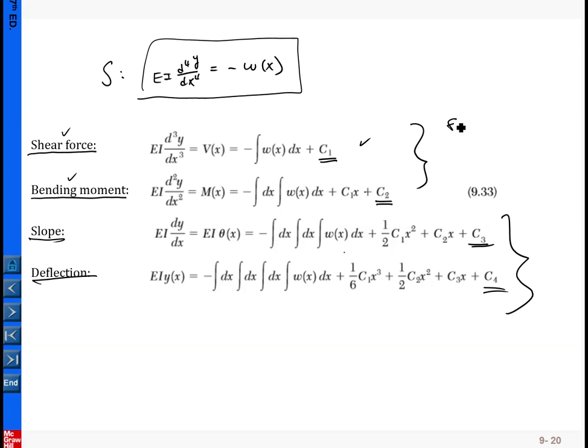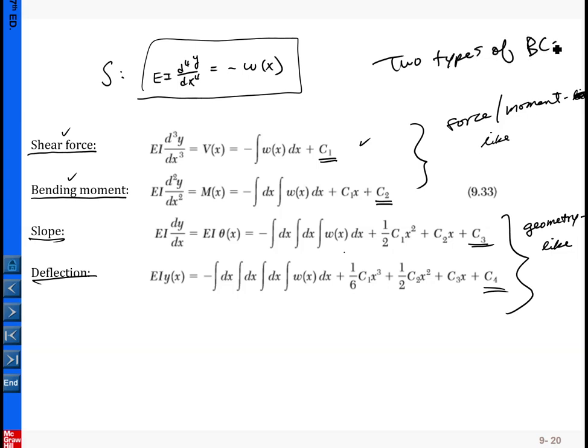One is force or moment like, and one is geometry like.